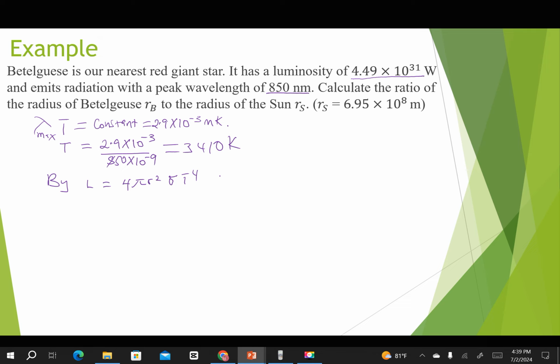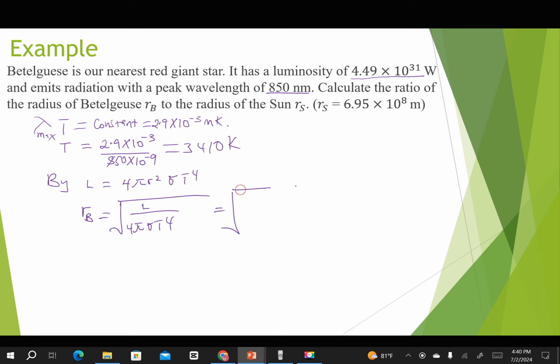But because I don't have the surface temperature of the Sun, I don't want to assume it. So since I have the radius of the Sun, I will just find the radius of Betelgeuse and divide. So the radius R for B is going to be equal to the square root of the luminosity divided by 4 pi sigma T to the power of 4.